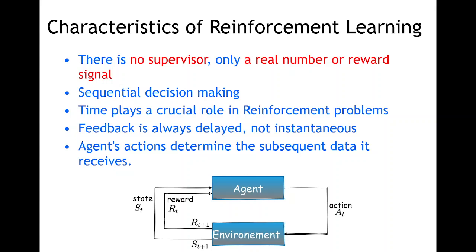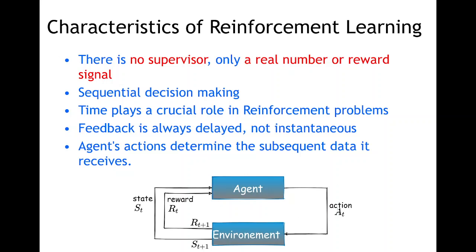Then reinforcement learning basically makes decisions in a sequential order, and it gets feedback from the system, and that feedback is always delayed. So with this feedback, the agent's actions are determined. For example, in this figure, we have got an agent and an environment. What happens is that the agent takes an action, and then based on this action, the environment rewards it.